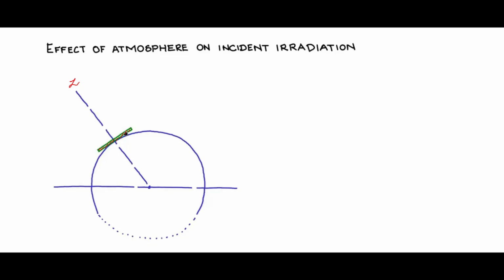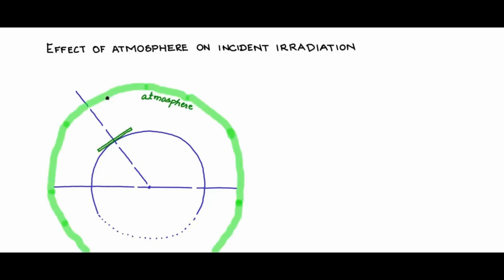For that I am going to draw a circle around our globe, which will create the earth's atmosphere. So this is atmosphere. The atmosphere of the earth is surrounding this globe.